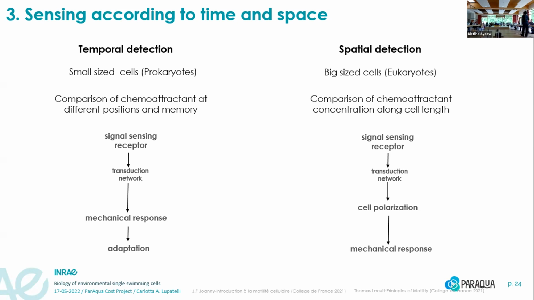We again have the transduction of the signal, and this time it results in a mechanical response, because again we have a change in the flagella behavior or in the motion of the organism, but it also results in cell polarization. Why cell polarization? Because we are dealing with a big cell, where polarization is possible, while in the smaller cell it is not really possible. It's a little bit complicated, but keep in mind that it's spatial detection versus temporal detection.